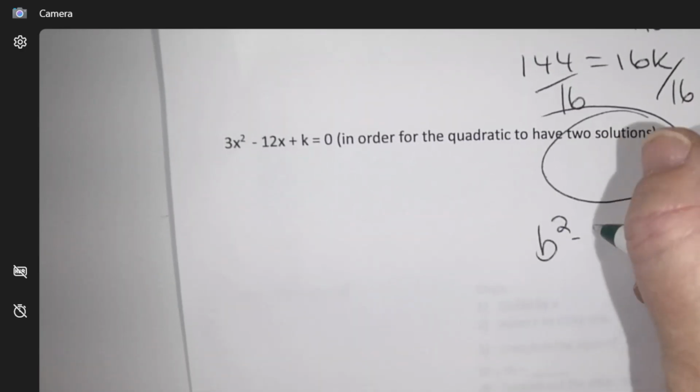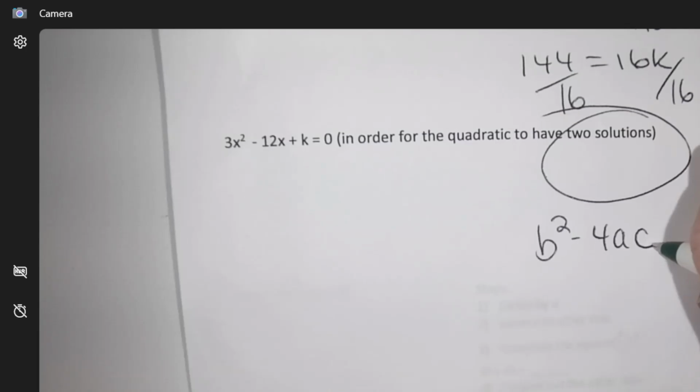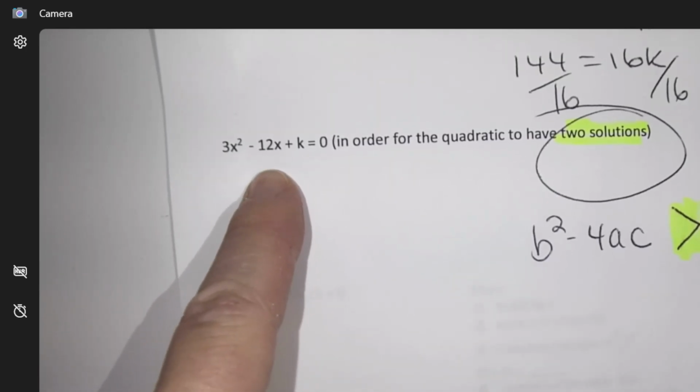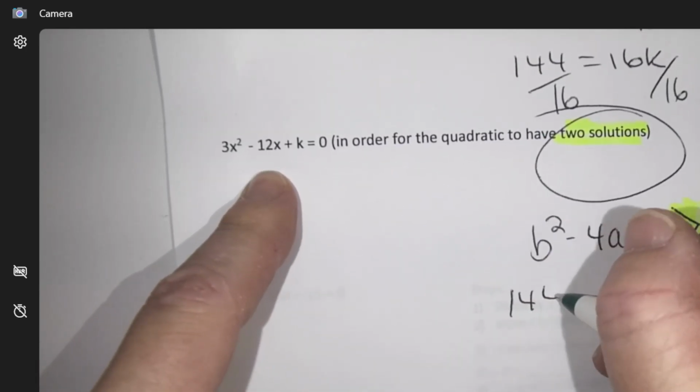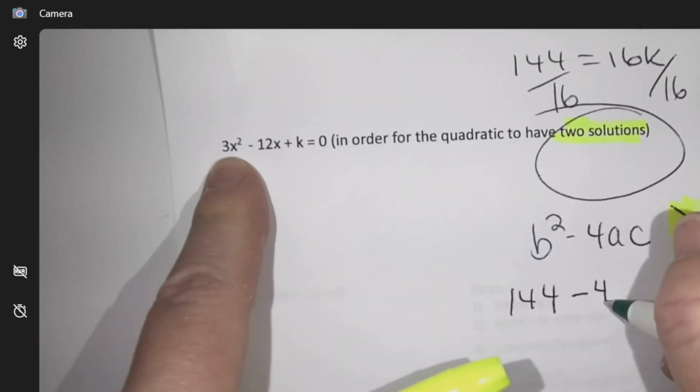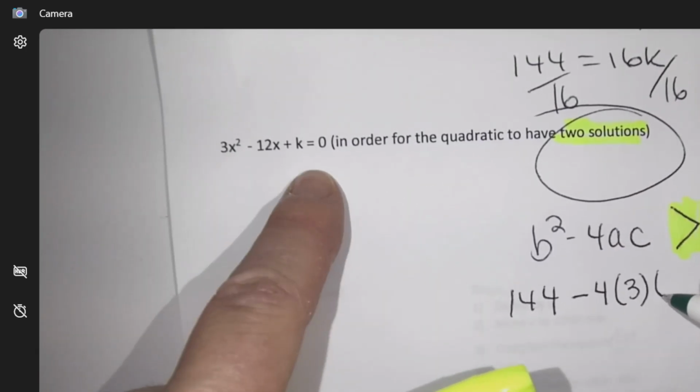If the discriminant is positive, then it would be 2 answers. Okay, so here I go. B squared is 144, positive, minus 4 times 3 times k.